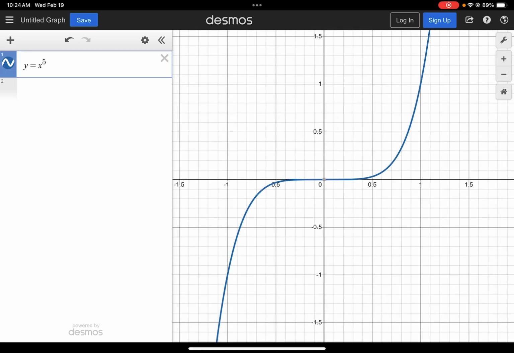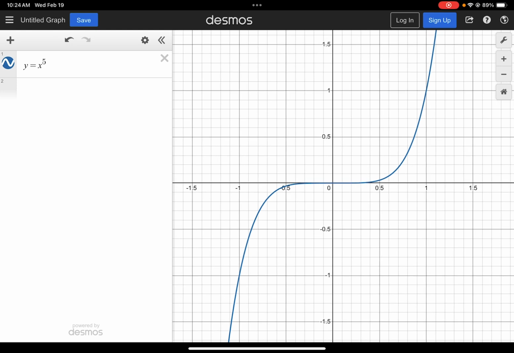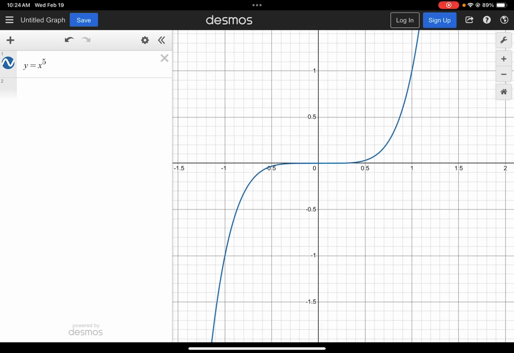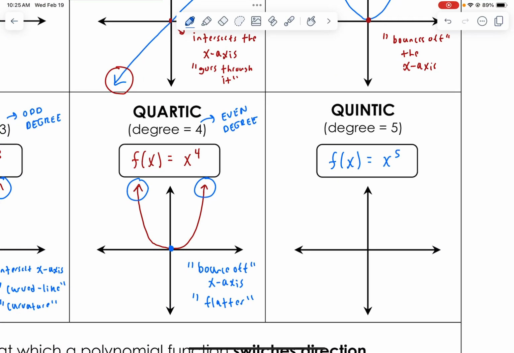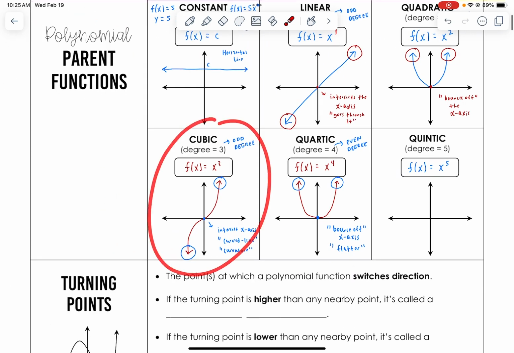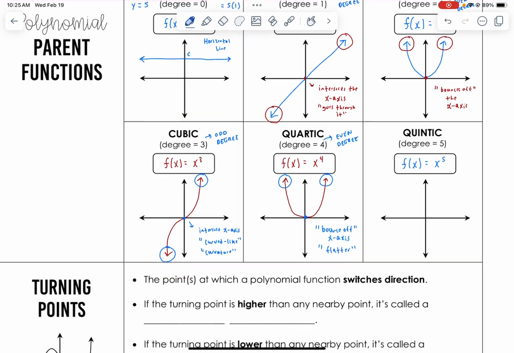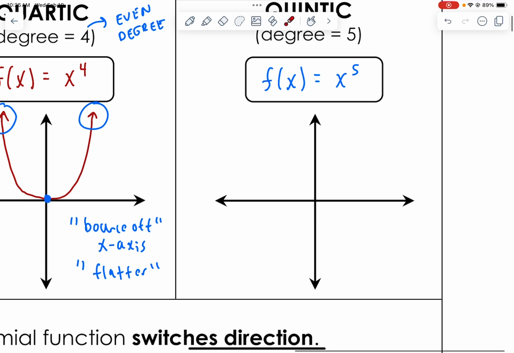Here we intersect the x-axis, we go through it, but just like the previous example, it sort of flattens out when we intersect the x-axis. So this, once again, looks like the cubic graph, but when we intersect the x-axis, it'll become flatter. So you gotta make sure you make it clear. So it looks something like this, something like that. And remember, this is just a sketch.